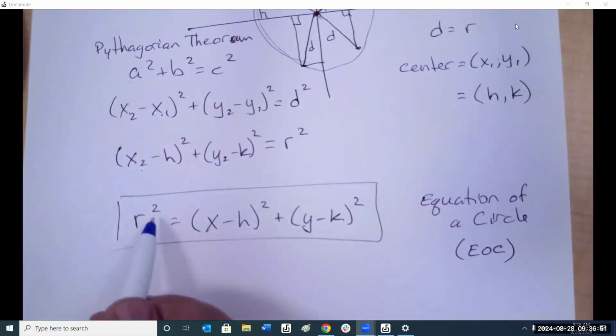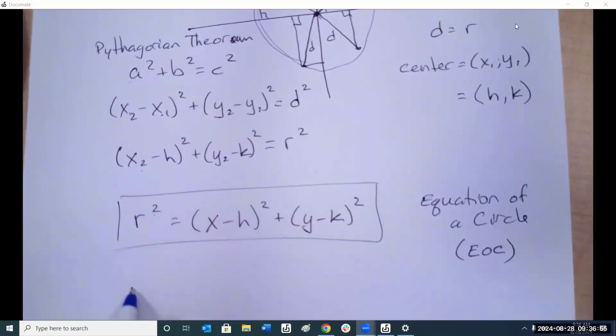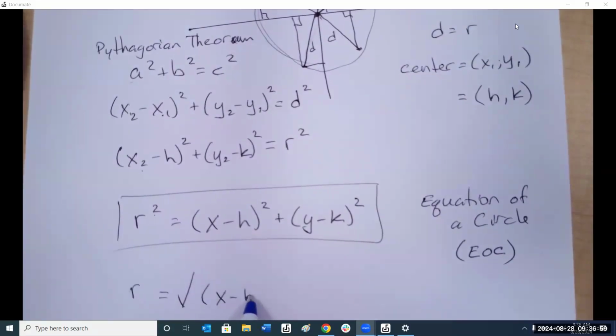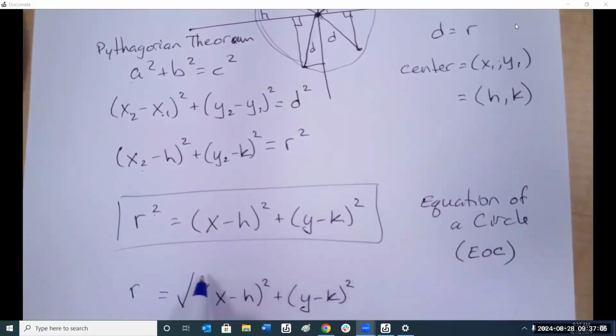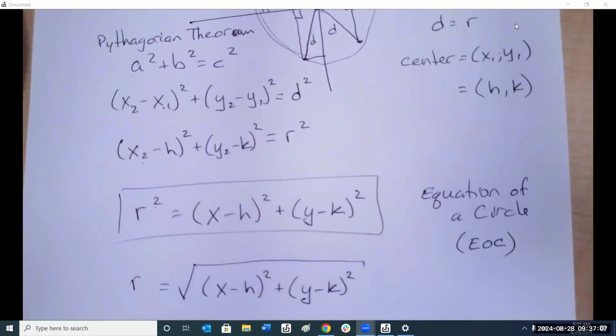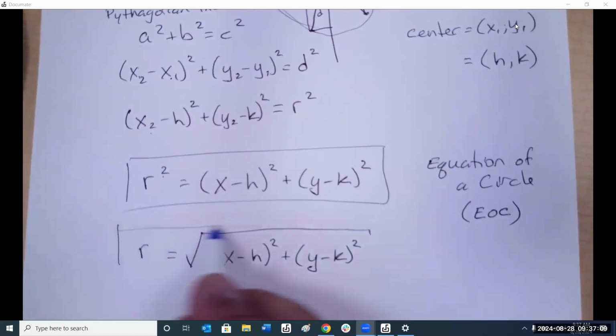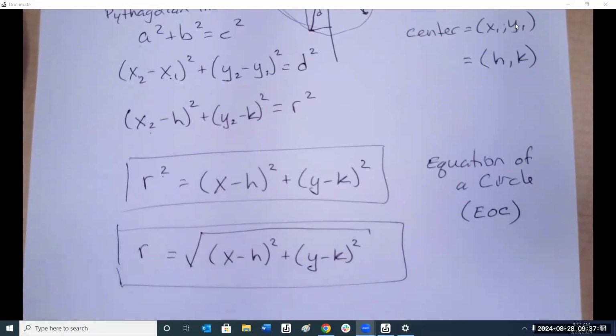And like last time, how do we get rid of the square? We square root. The difference is subtle.